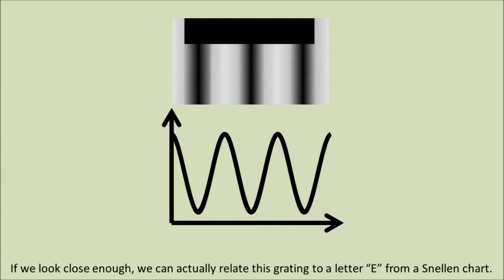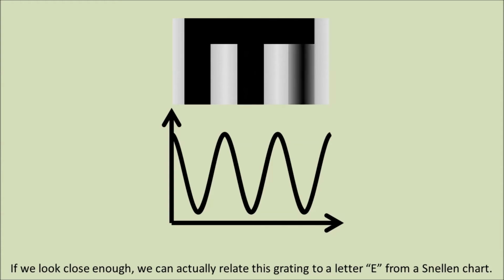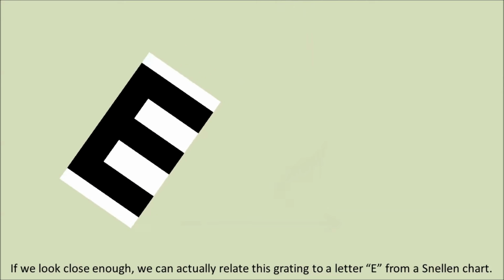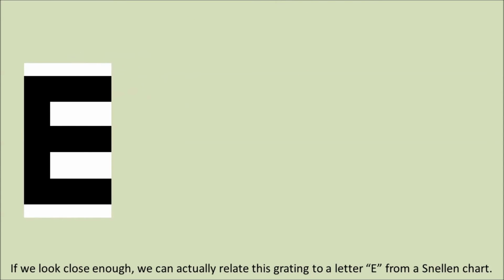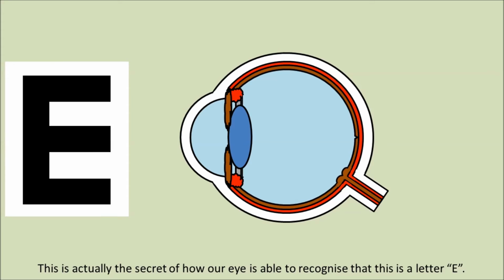If we look close enough, we can actually relate this grating to a letter E from a Snellen chart. This is actually the secret of how our eye is able to recognize that this is a letter E.